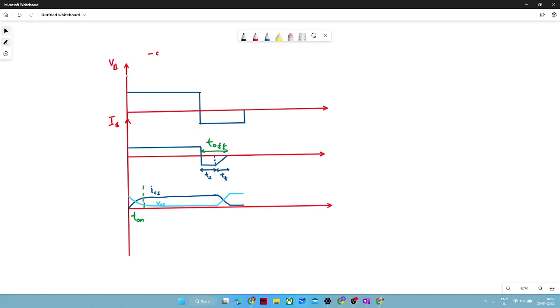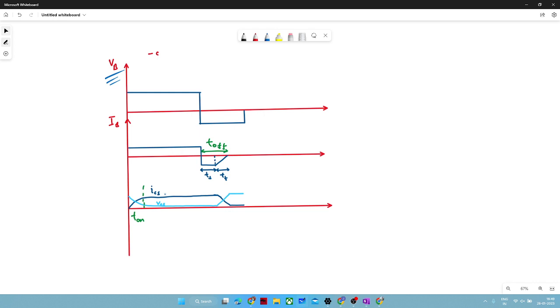So here you see, as you apply a base voltage, your base current will rise, right? But for turning off, it will take some particular time, and your collector voltage VC denotes that saturation, right?